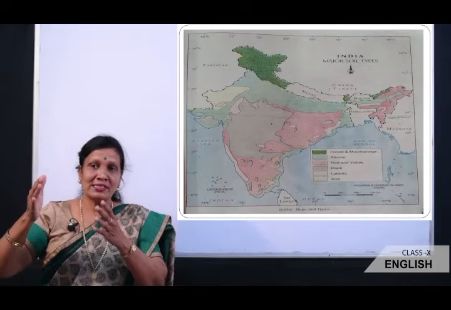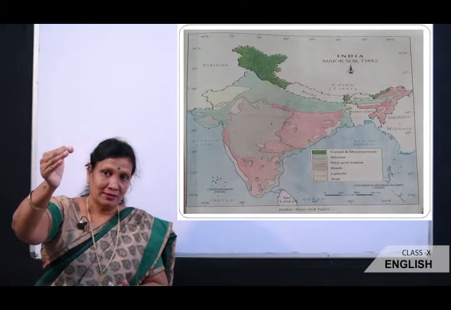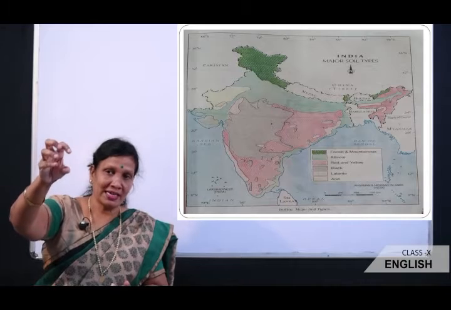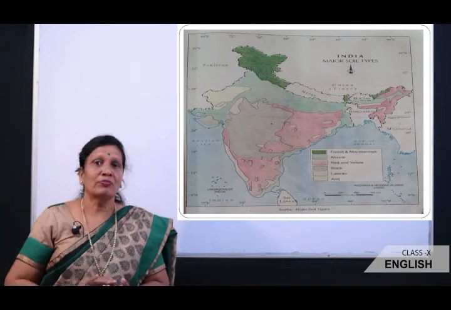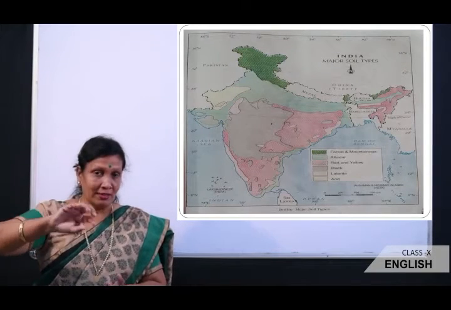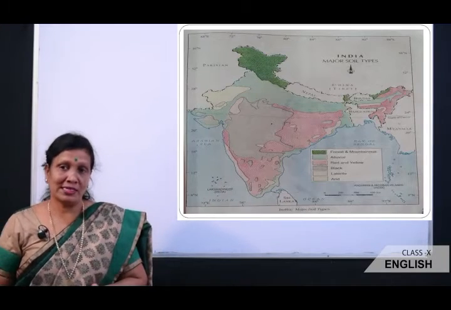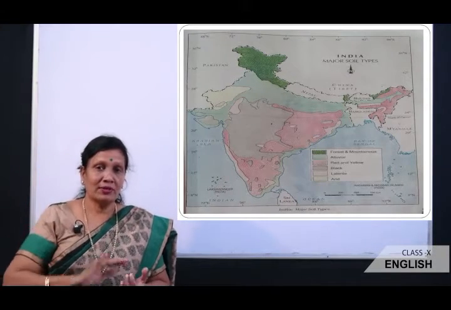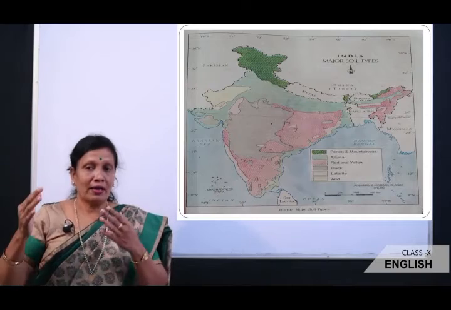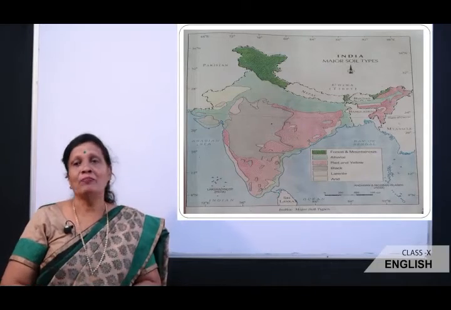For the forest and mountainous soil, which are the parts in the map or which are the states that have this type of soil? You can look at the color and see where you find this color. So that soil is present in those states. Next look at the black soil or arid soil, come to each soil and look at the map and the states where they are found.